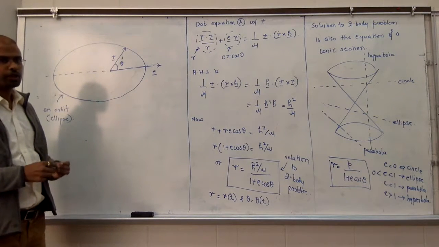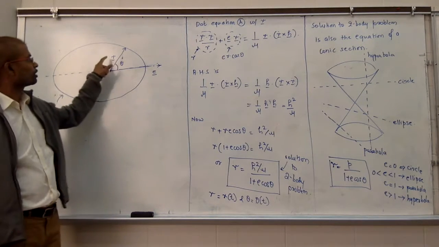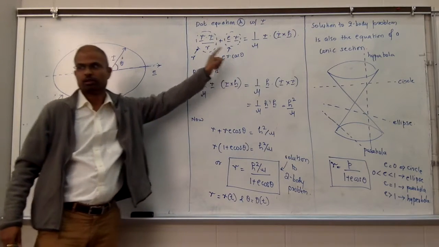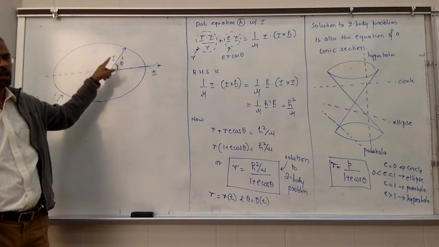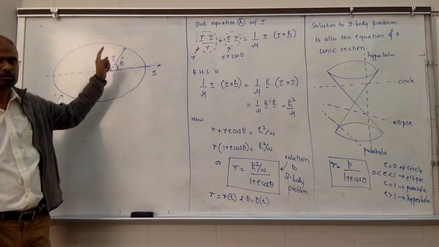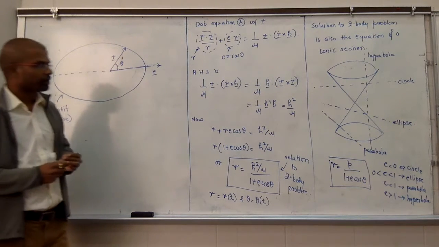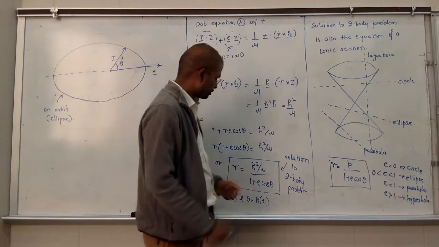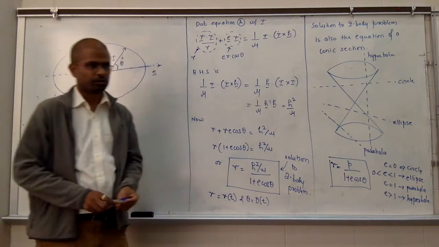We talked about this E dot R, E R cosine theta. This is that theta, the angle between E and R. Now what you have to understand is, what does Kepler's first law say?